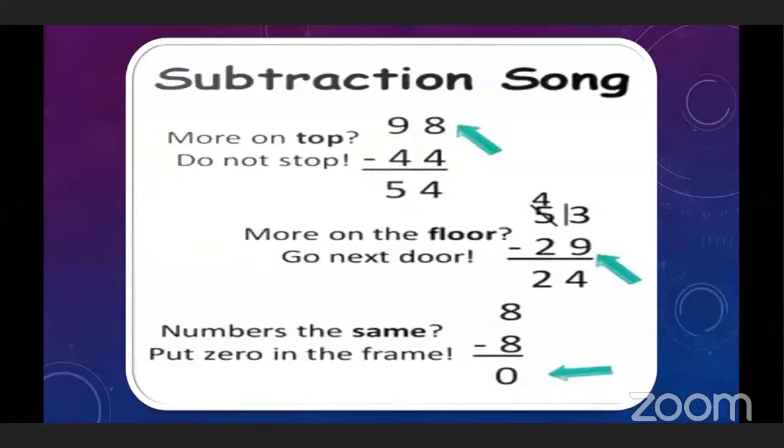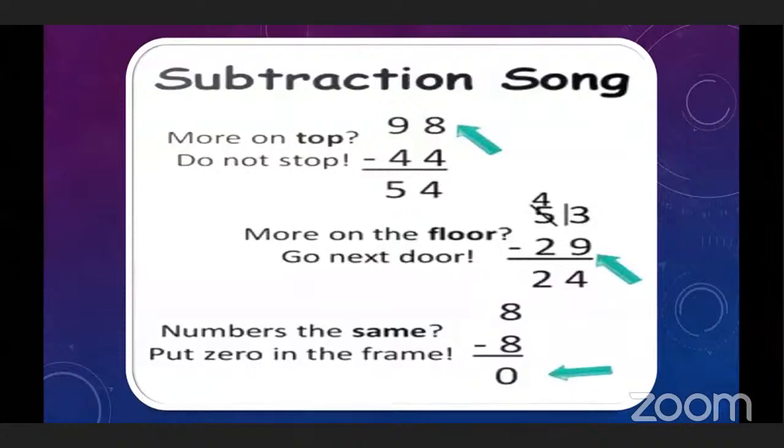Here you can see 98 and we are going to subtract 44 from 98. 98 is a bigger number than 44. So the song is saying more on top, do not stop. Here we need not stop. You can directly do the subtraction. Okay, students, more on top, do not stop.